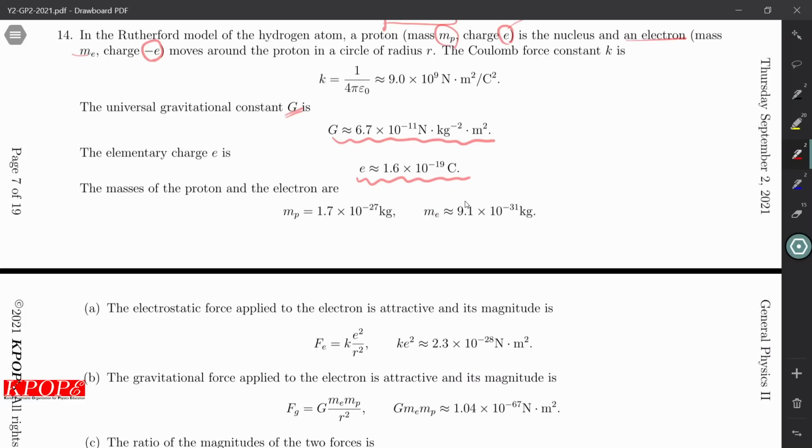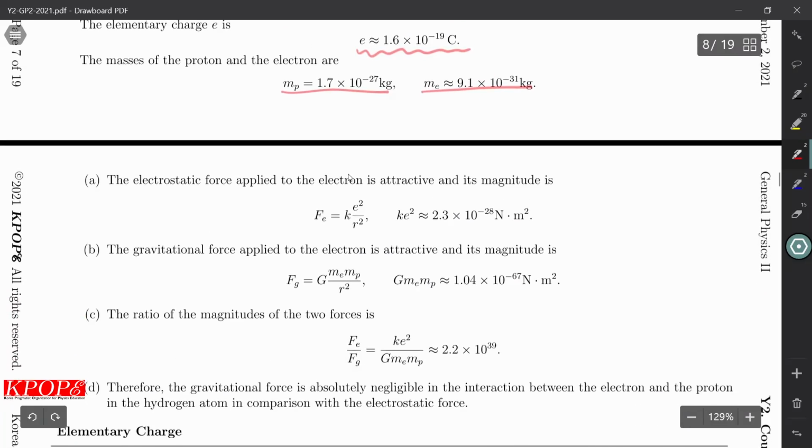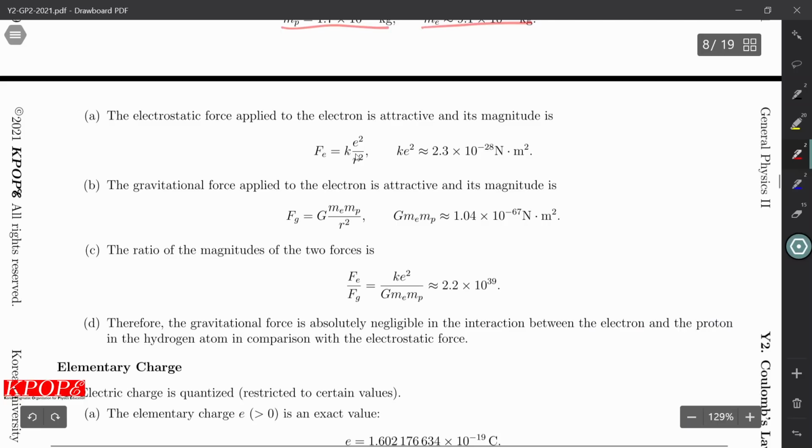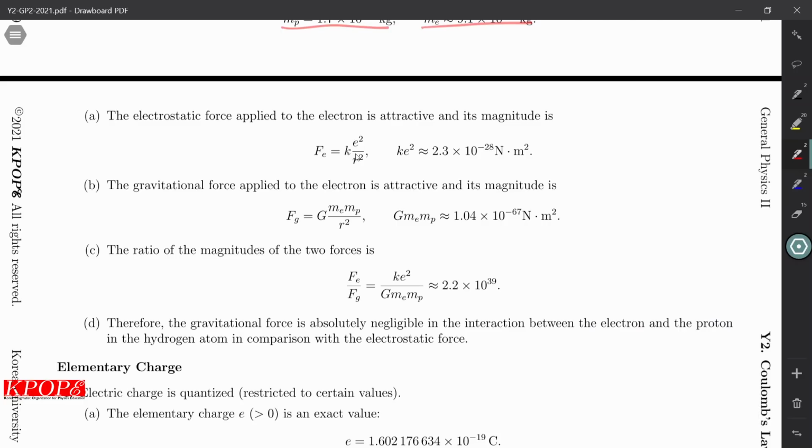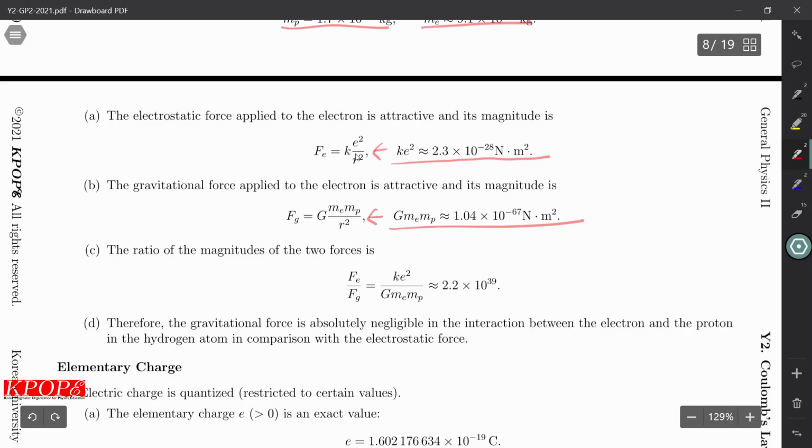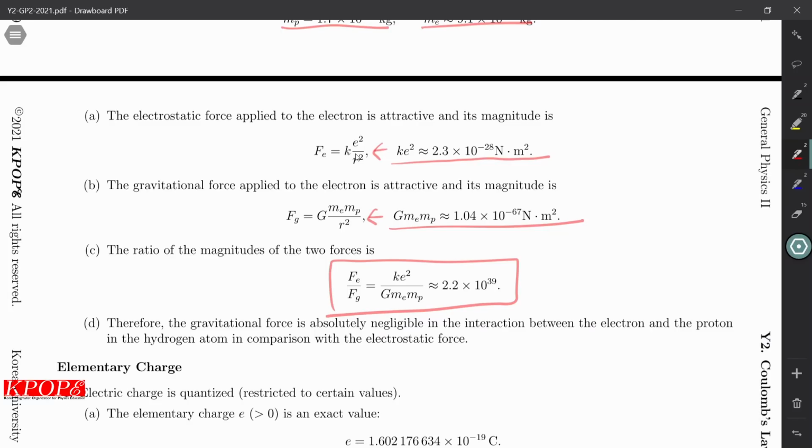The masses of the proton and the electron are given. We find the electrostatic force and the gravitational force. Substituting these constants, we find the ratio of the electrostatic force to the gravitational force between the proton and electron.